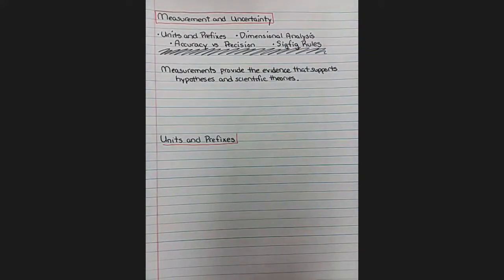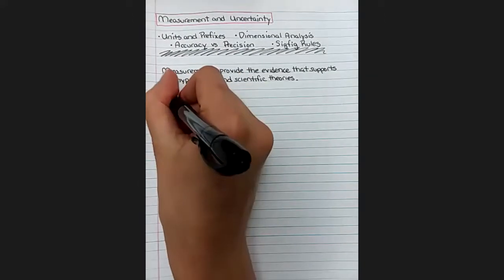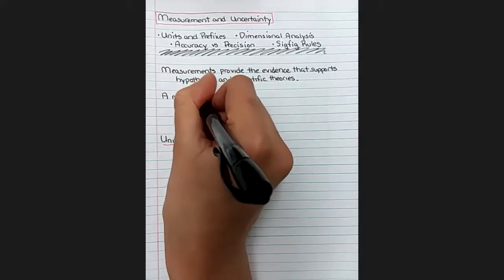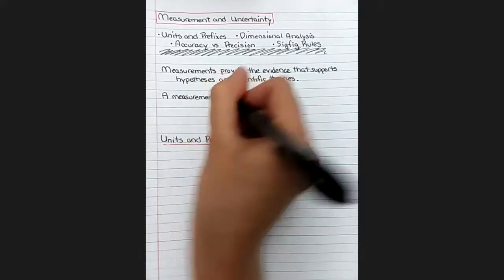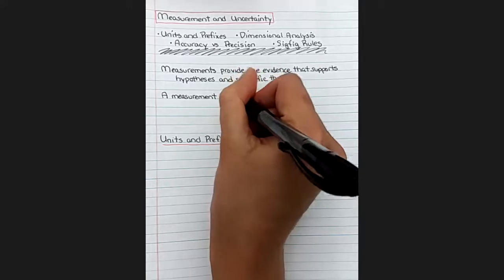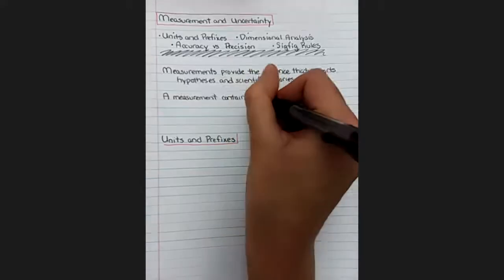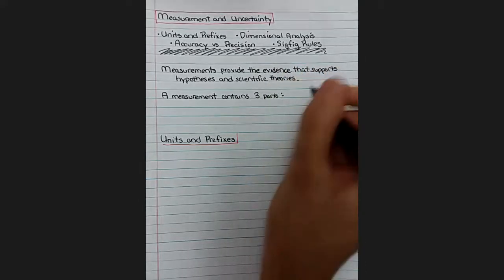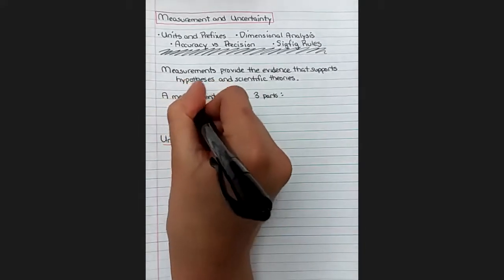And when you collect measurements, you need to know that a measurement has several parts. Each of those parts is important. So a measurement contains 3 parts. The most obvious part, the number.